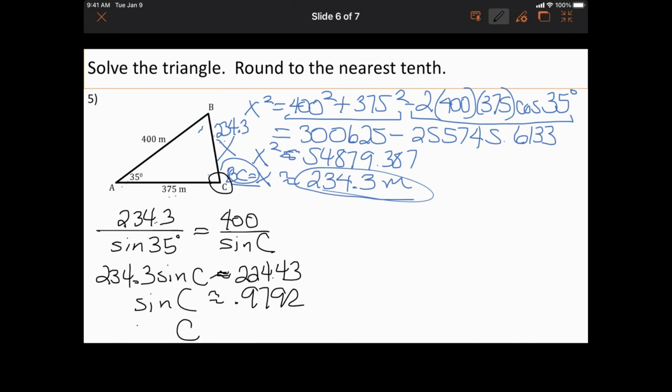Okay, angle C turns out to be about 78.3.